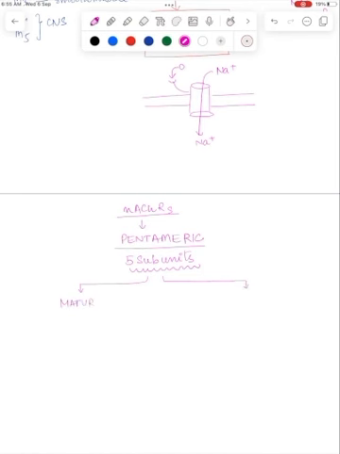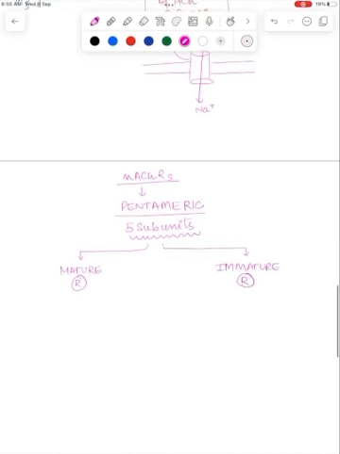We have the mature receptors, and we are also going to have the immature receptors. Immature receptors are also known as the fetal type of receptors, or extrajunctional receptors, whereas mature receptors are also known as the adult type of nicotinic acetylcholine receptors.